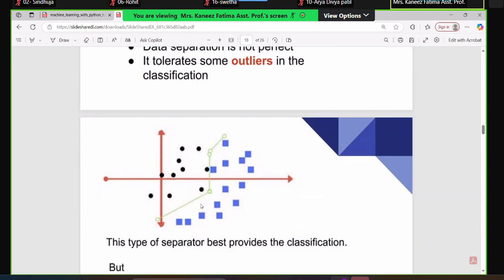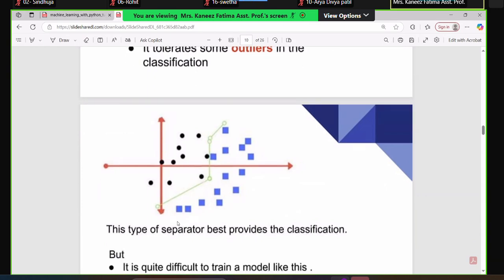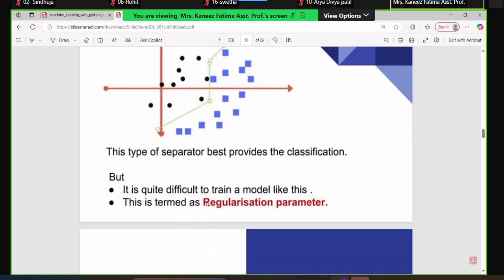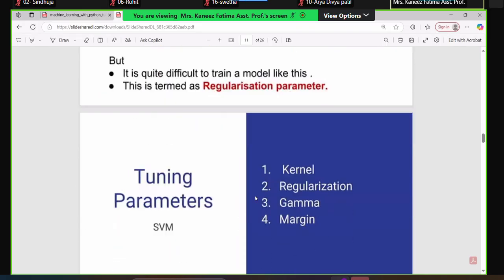Now I have to do a separation. This type of separator provides a classification, but it is quite difficult to train a model like this. For even two small data values, I have to train again, analyze, and rectify the error. This is quite a difficult problem, but it can still be handled with a regularization parameter.